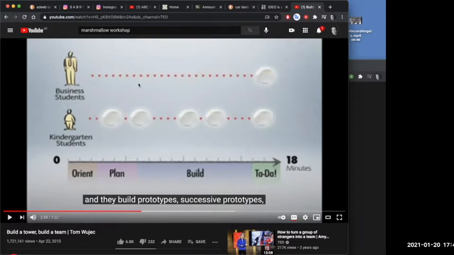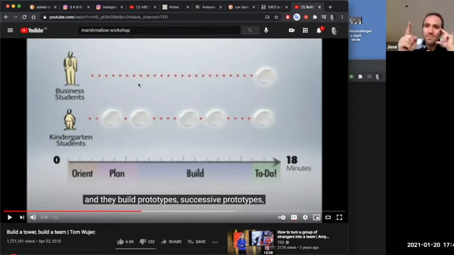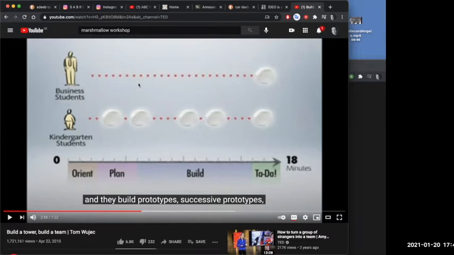But, and here is the thing, there are ways to prototype cheaply. This is one of the skills that you will learn in this course: how to prototype cheaply.